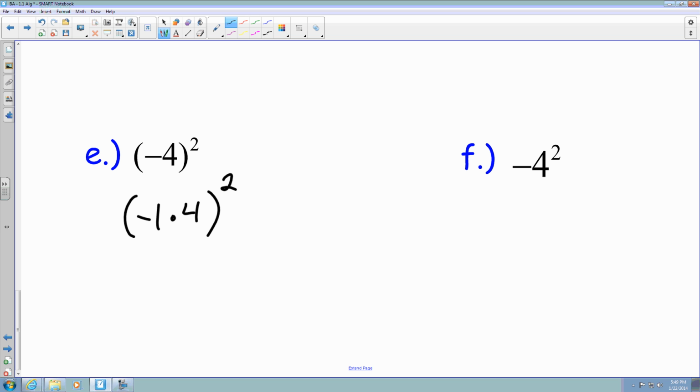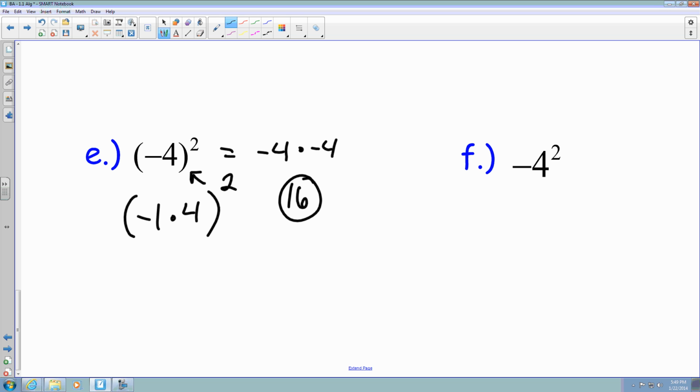Because of order of operations, I must do the inside of the parentheses first before I perform the exponent evaluation. So it basically turns back to this value here. And this value in expanded form is just negative 4 times negative 4. Negative 4 times negative 4 makes it a positive 16.